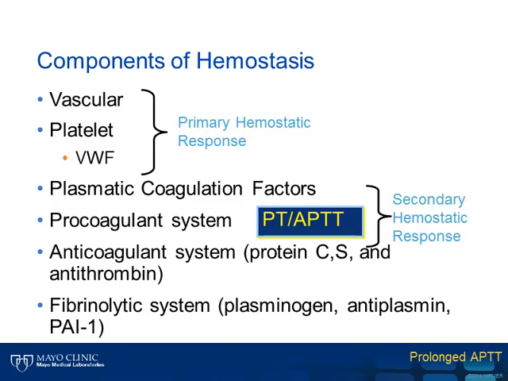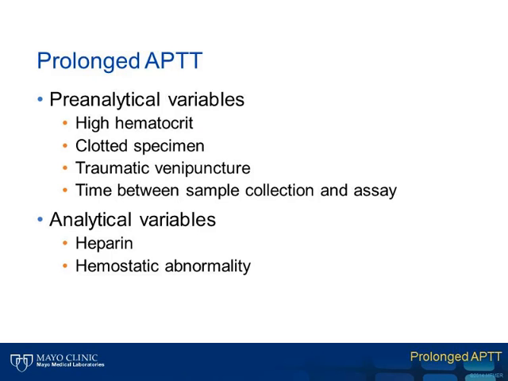The prothrombin time, also known as the PT, and the APTT assays are screening tests that evaluate the functionality of the procoagulant factors. A variety of factors influence the PT and APTT. These can be broadly categorized into pre-analytical variables and analytical variables.